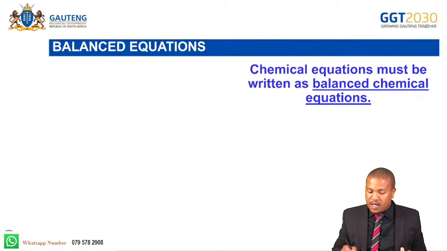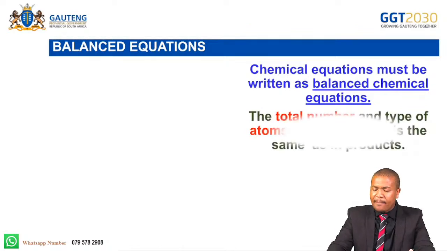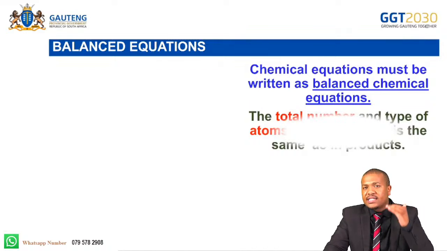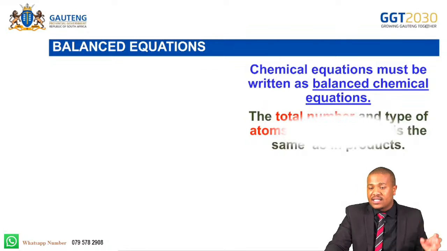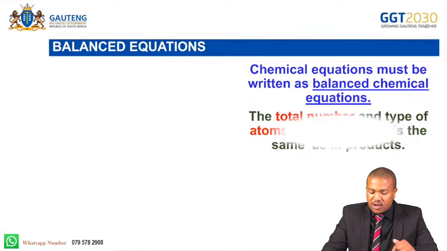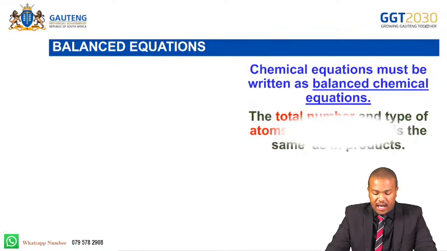Are we together? So the total number and types of atoms in the reactants is the same as in the products. That's when we say an equation is balanced, when we have the same type and number of atoms on the reactant side as on the product side.